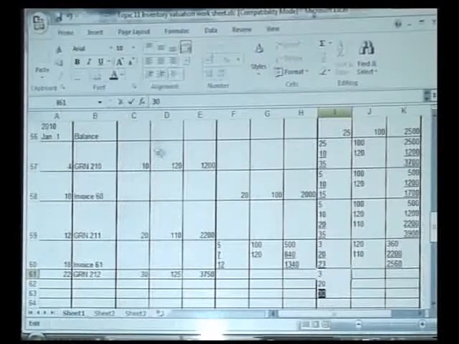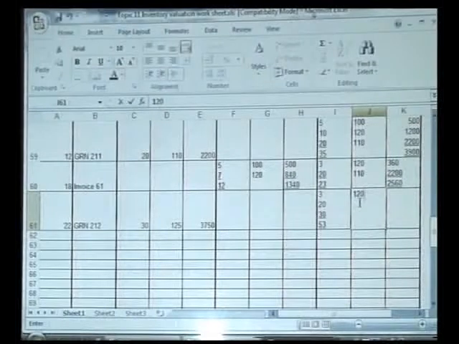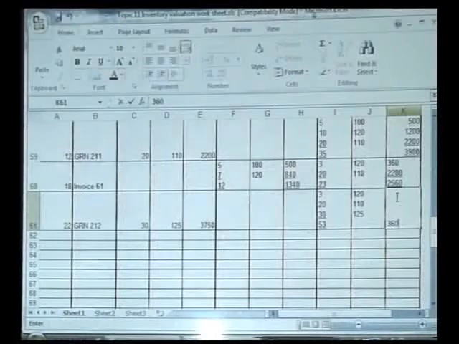Then the total stock 53, and now assign the prices or the costs. 3 at 120, 20 at 110, 30 at 125, and then the corresponding values 360, 2200 and 3750. Then find the total.